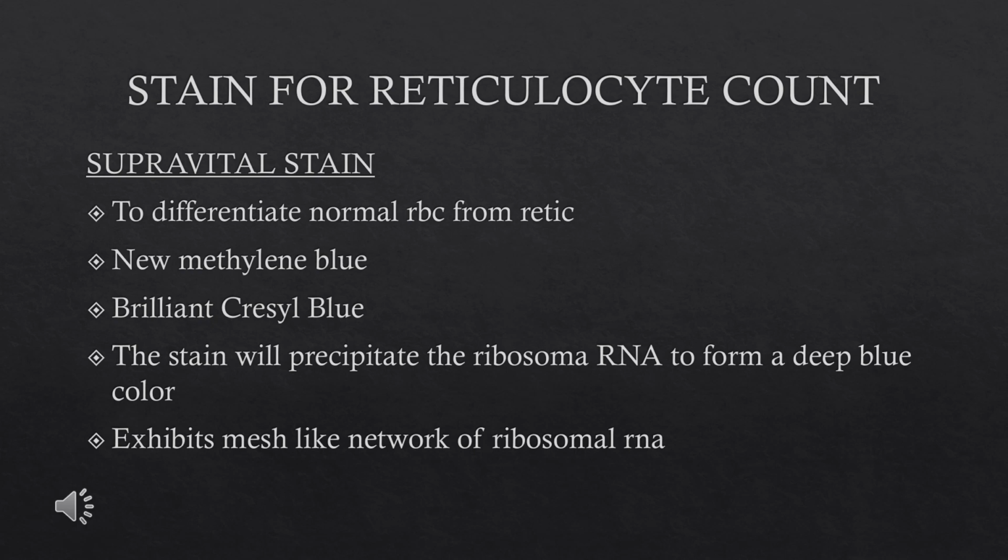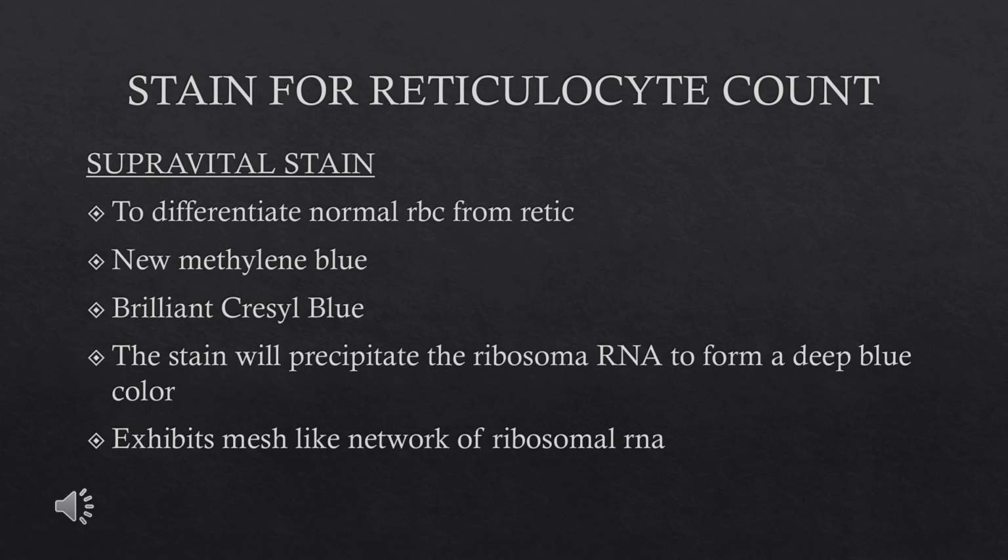This is to differentiate your normal RBC from your reticulocytes. The stain will precipitate the ribosomal RNA to form a deep blue color. It exhibits a mesh-like network of ribosomal RNA inside the cell. Again, from the picture in the last slide, as you can see, it is very defined once you use your supravital stains.